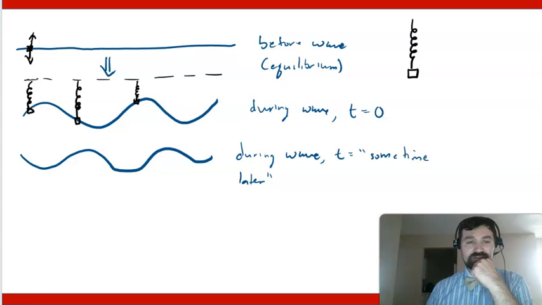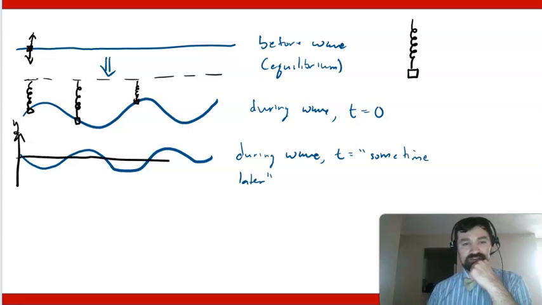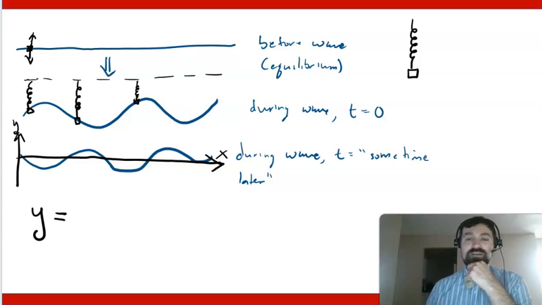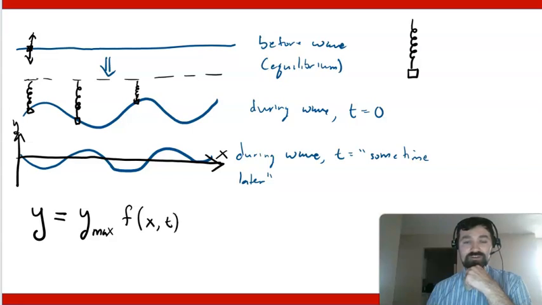So if we were to take this axis right here as, let's say, the y-axis, and this axis right here as the x-axis, and note that the x-axis is also what the string should look like at equilibrium, then we expect this string or this wave to have some maximum displacement times some function basically of x and t, function of position and time.